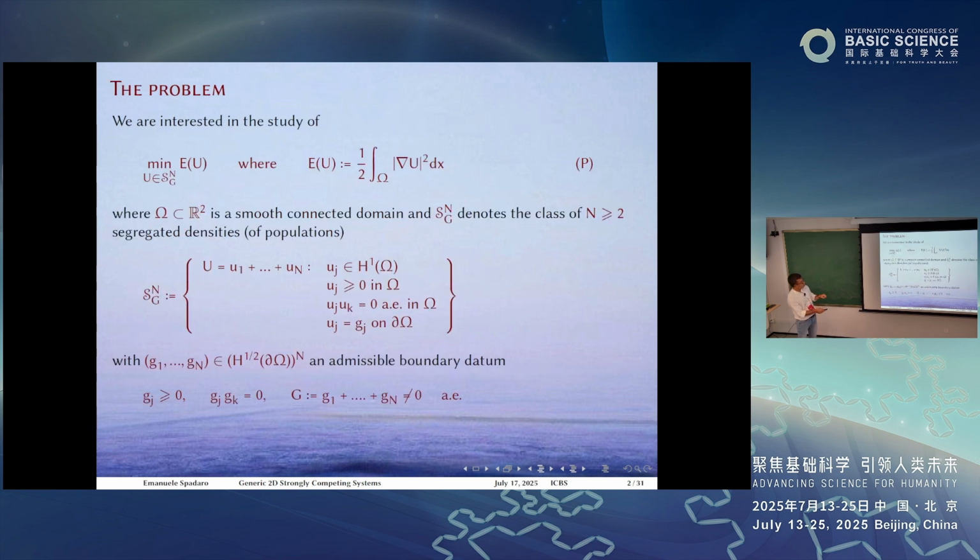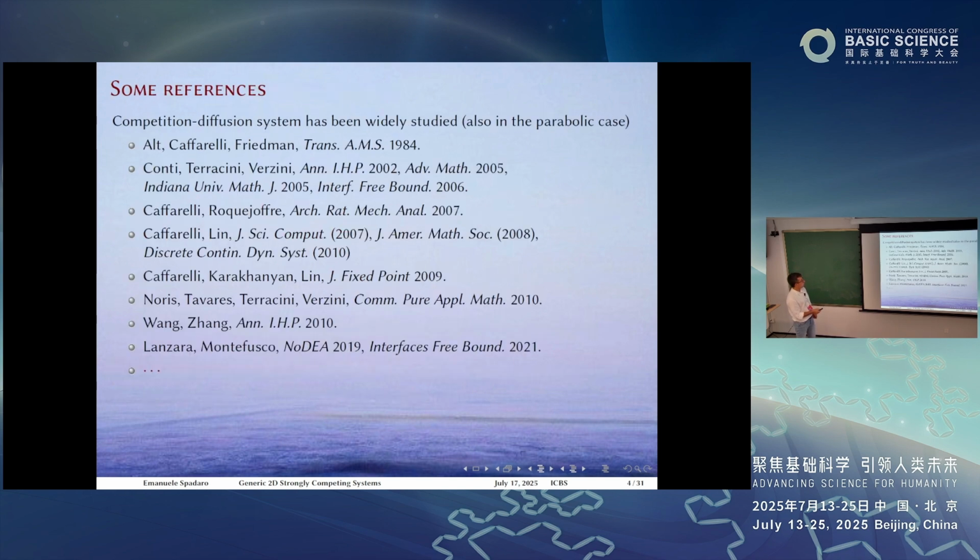So the condition u_j u_k equals 0 has to be interpreted as having a partition of our domain, optimized by this energy, which is the Dirichlet energy for the densities living on this partition. This model has been really widely studied by the PDE community.